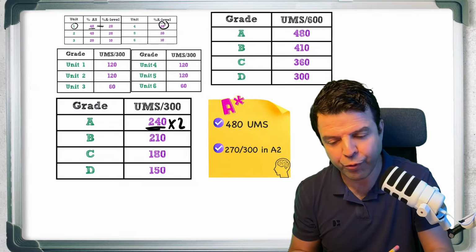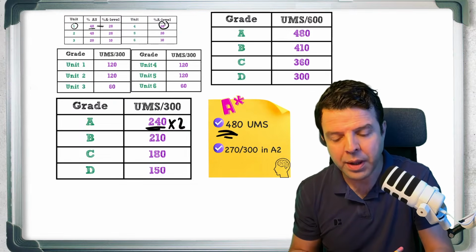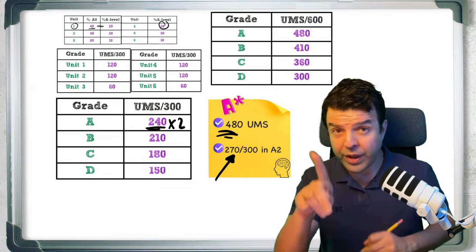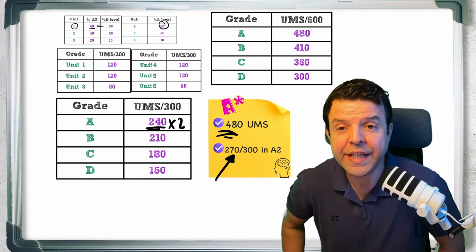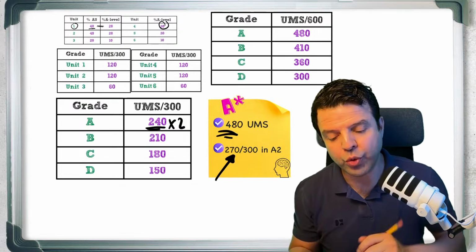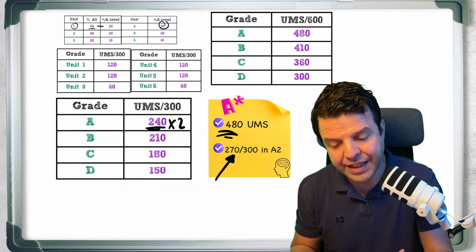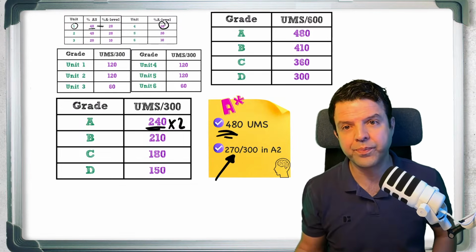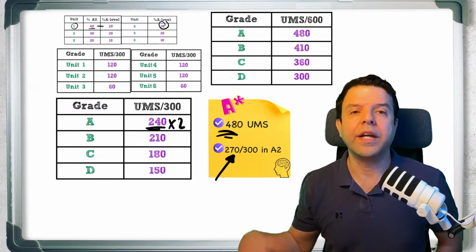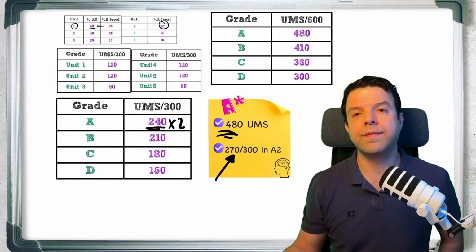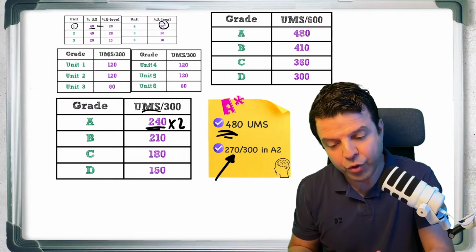For A2 specifically, you need to score 270 out of 300, okay? So again, if you're still in your AS, aim for that 240.